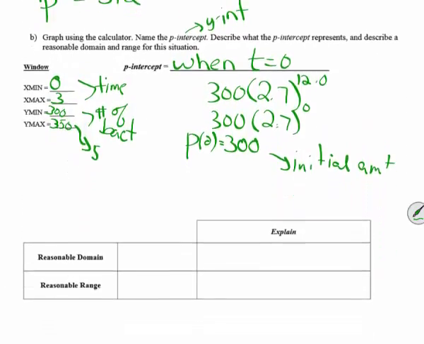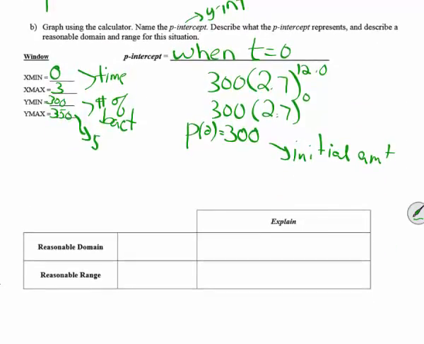All right, reasonable domain and range. Well, we're going to write this in set builder. I know a couple we've done in interval notation. We're going to practice set notation. So reasonable domain for time. Well, again, time can't be negative, which means all t such that t has to be greater than or equal to 0. Explain, time can't be negative.